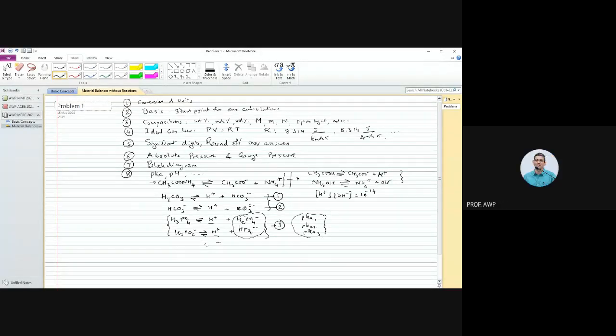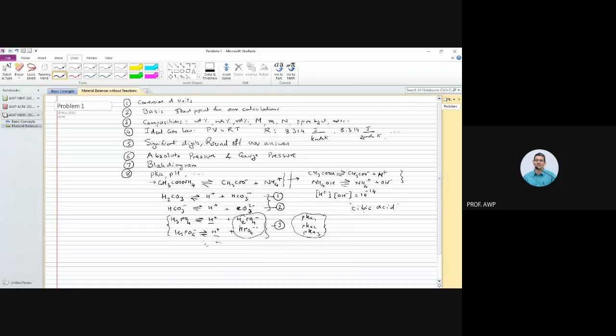Agreed, sir. Especially because, let's say for example, things like citric acid, again, three replaceable H plus ions, and then you can make different salts of citric acid. So you can have a tri-basic salt, a di-basic salt, or a mono-basic salt, depending on what pH we stop our neutralization.